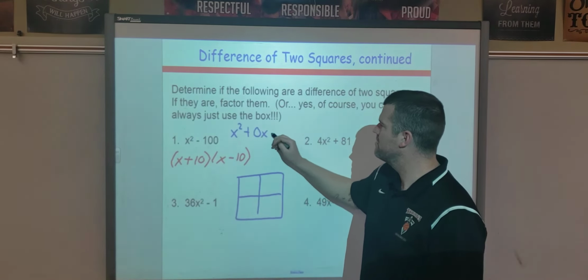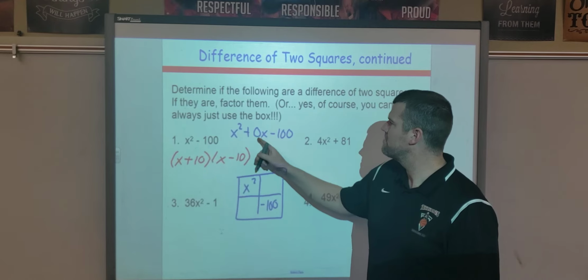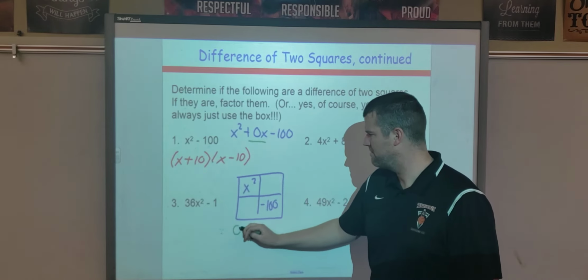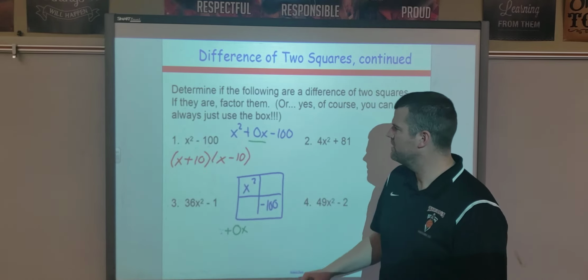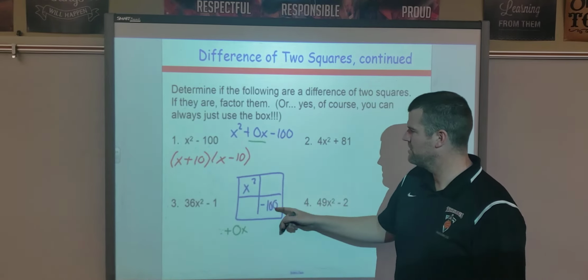I need to add to the middle. So we need to add to 0x. And then we need to multiply to this diagonal, which is negative 100x squared. And in order to multiply to negative 100 and add to 0x, we need to have 10x and negative 10x.